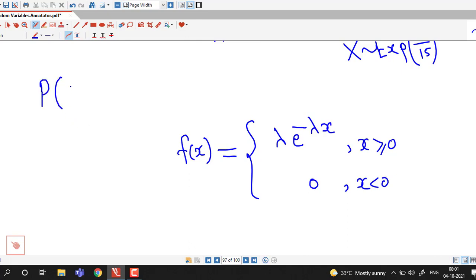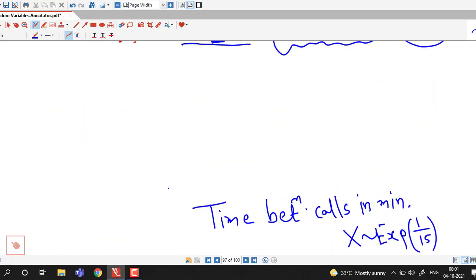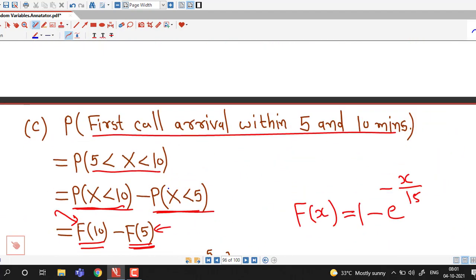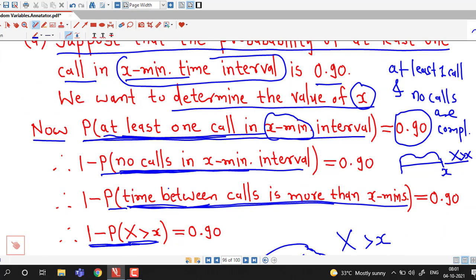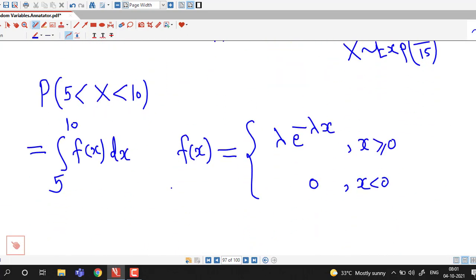Suppose I want to calculate the probability from part C using the PDF; then I have to integrate the density between x equal to 5 and 10, where lambda was 1 by 15. I find that using the CDF is easier than the PDF, because we have fewer calculations.